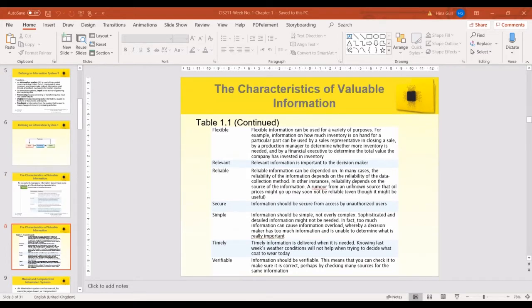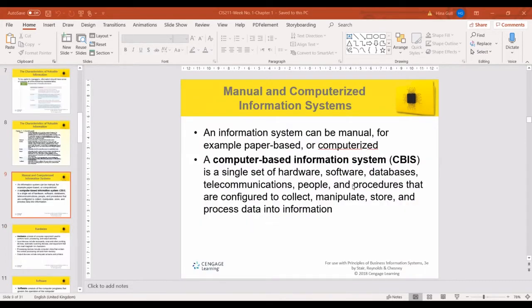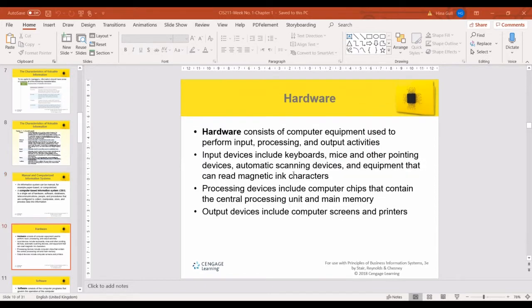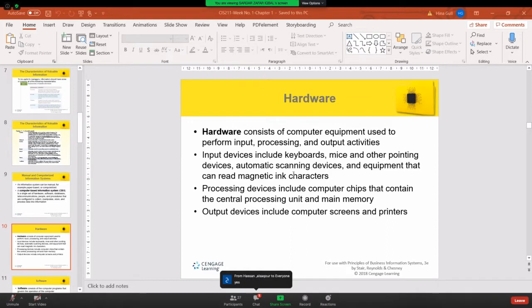We also discussed the paper-based and the computerized information system. And today we will start from one component of information system, which is hardware.